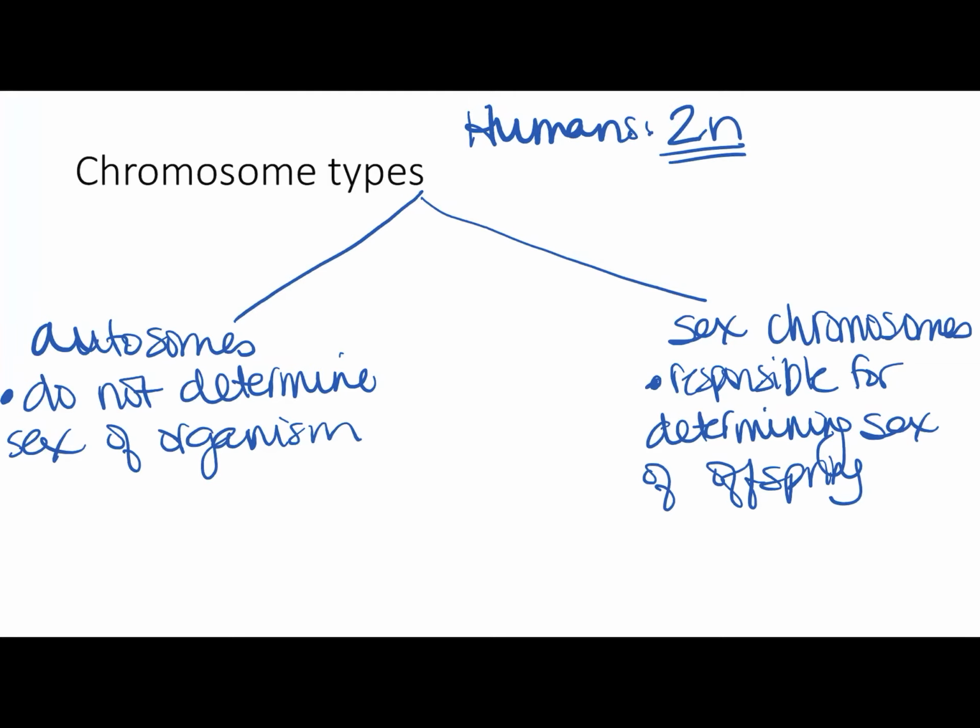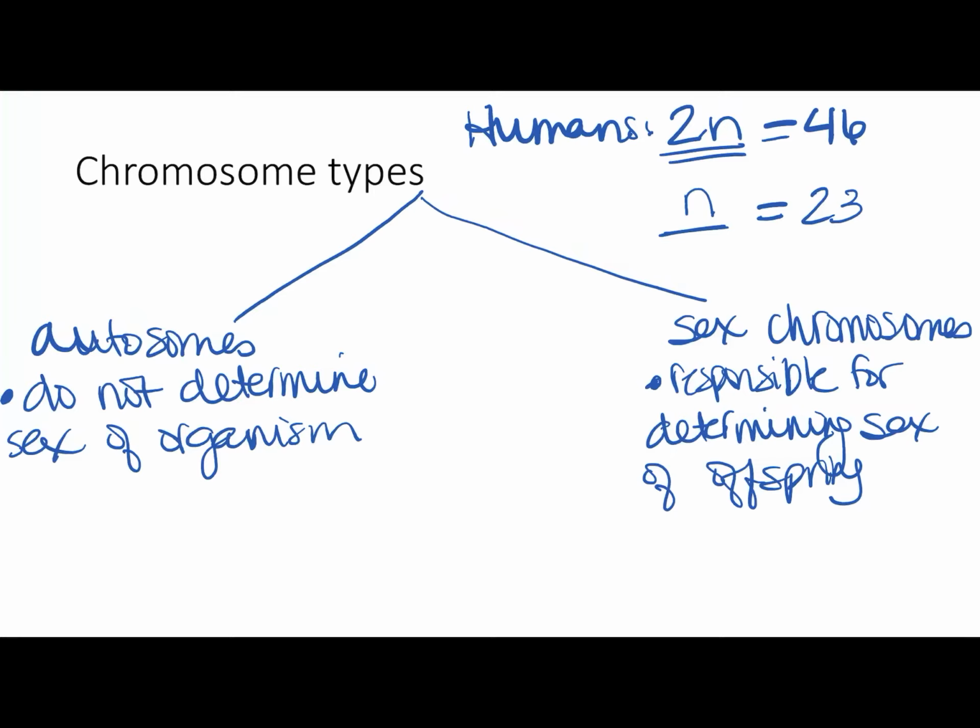So, for example, human beings, our diploid number, which is characterized by 2N, so remember diploid is when we have 2 copies of every chromosome, our diploid number is 46. Our haploid number, which is 1 copy of every chromosome and is characterized just by N, notice N is half of 2N, our haploid number is 23.